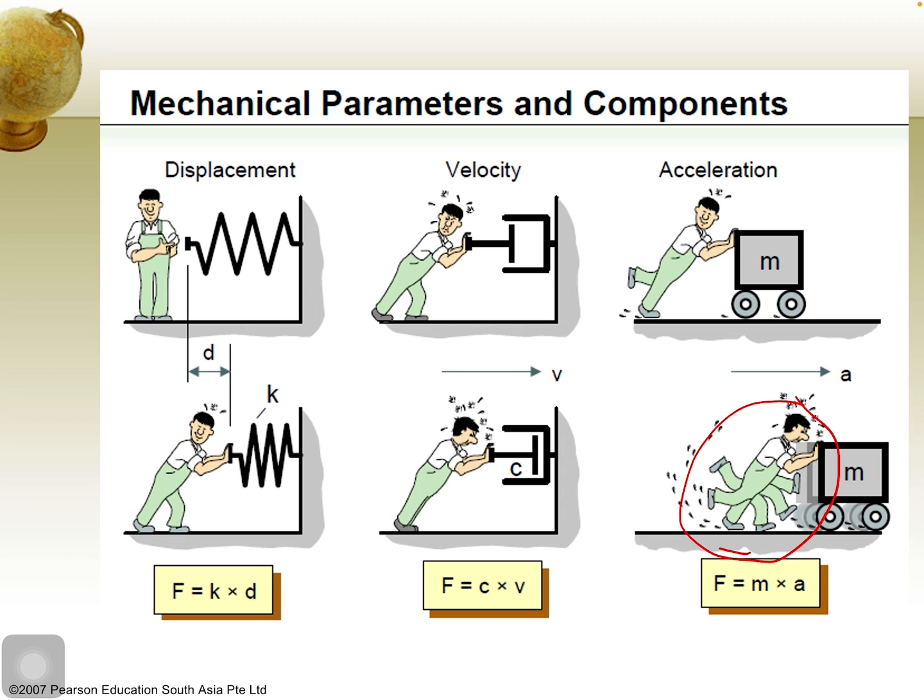So that means the velocity is increasing, therefore there is force. So when we consider a mass, there will only be force when there is acceleration. So the formula is force is equal to mass times acceleration.